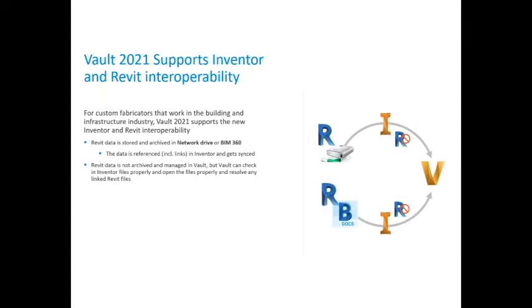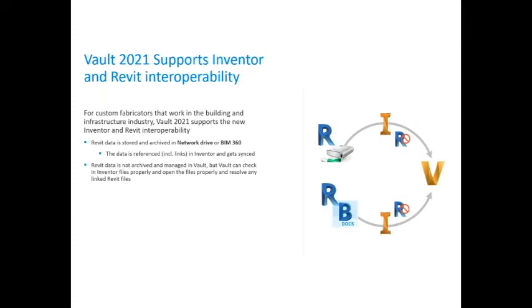So what Autodesk has done is, with any CAD now, Inventor works a lot more powerfully with Revit. And also with Vault, it now supports that interoperability. So when I check in an Inventor file that's been referencing a Revit file, it doesn't actually take the Revit file and put it into Vault, but it maintains that link. It builds the link into the Inventor file, so when you check it in, Vault knows the connections there.